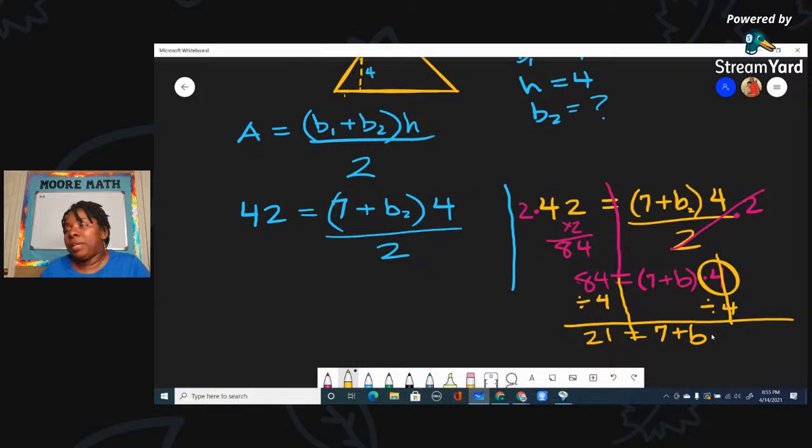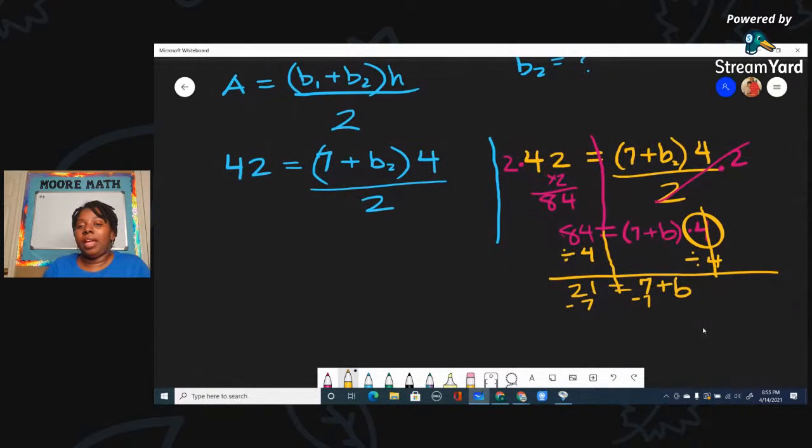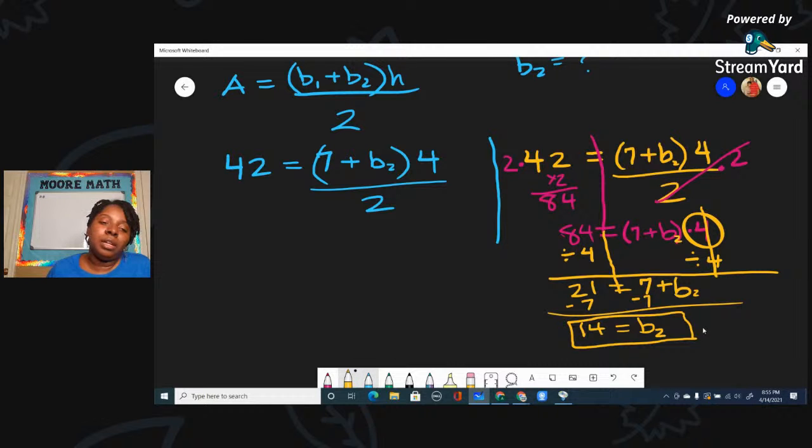If you like to see it as b plus 7, that's the same thing. Then we subtract 7 on both sides, and we get b equals 14. Or b2, I should say. So your second base is 14.